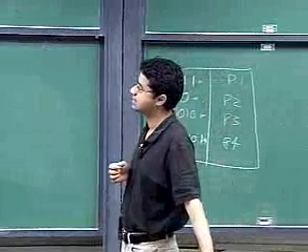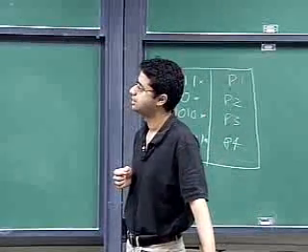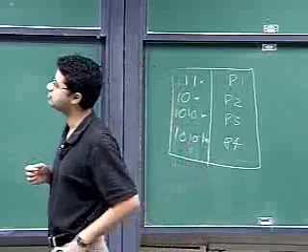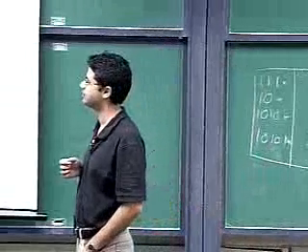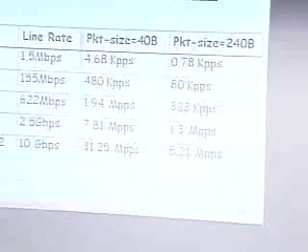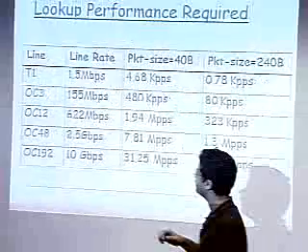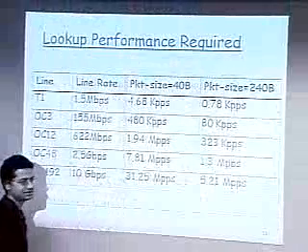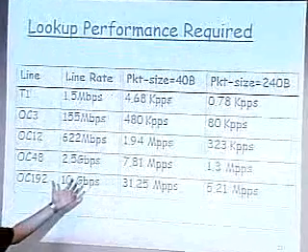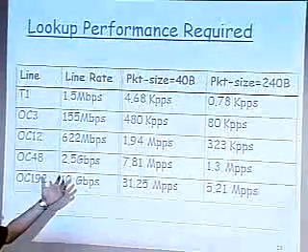So now let's look at the lookup performance required in the router given different kinds of line rates. So line rates is the rate at which the router is processing packets.